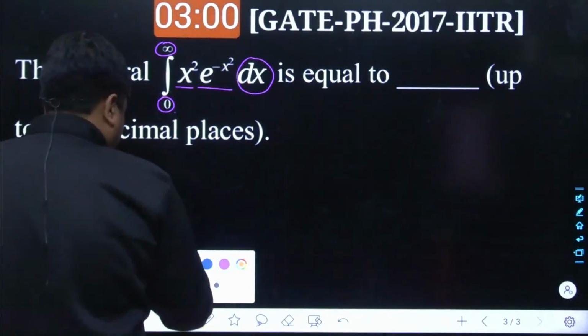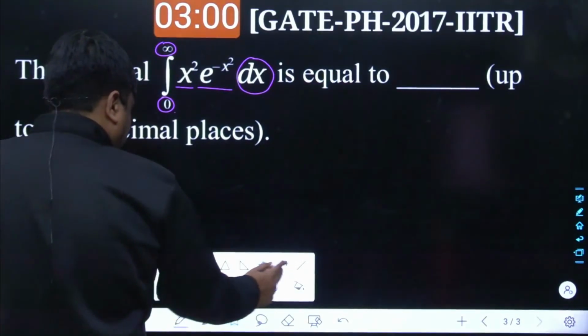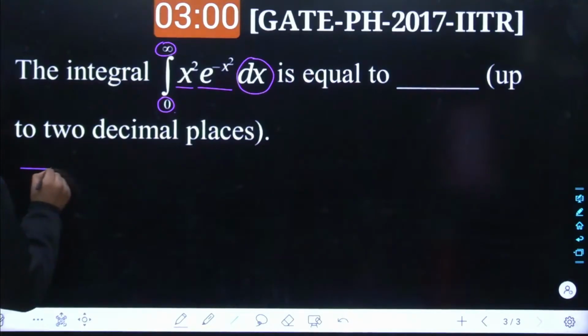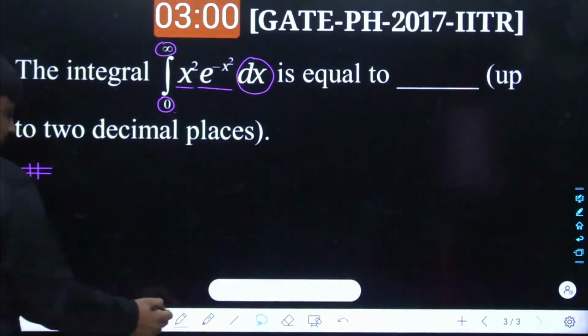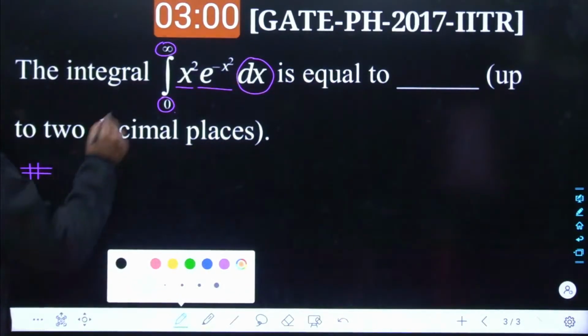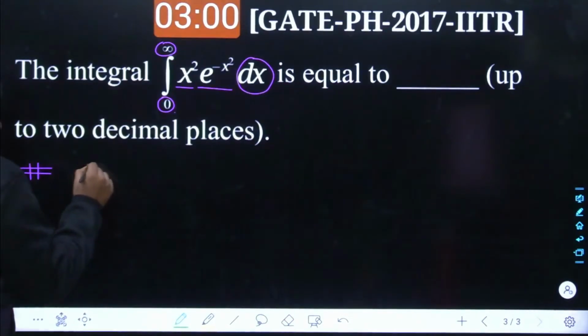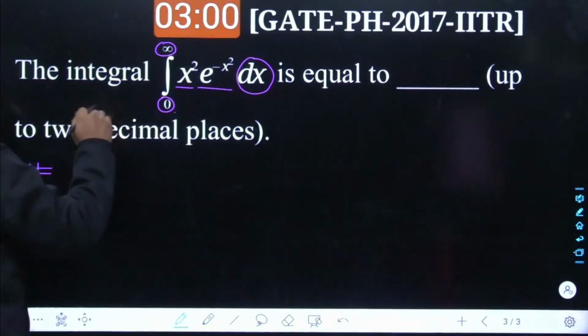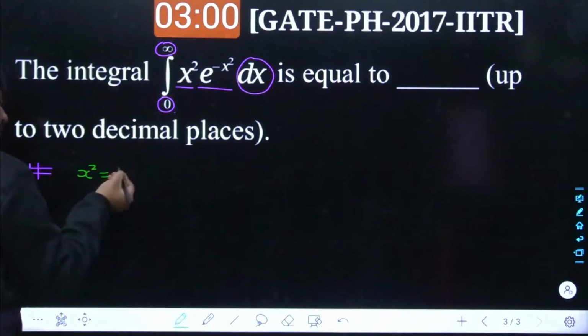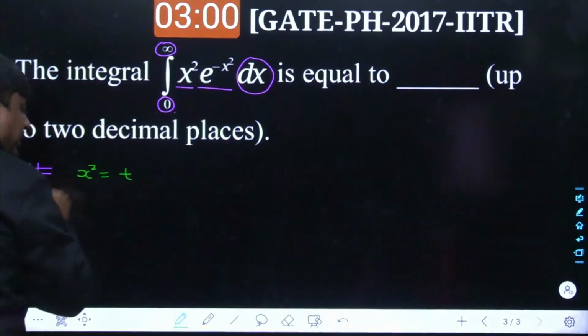So the important point from where I would start is that this is a form of standard gamma integration. And if it is so, we will convert the term which is making this integration differ from the gamma integration, that is x square. x square is fed as t.